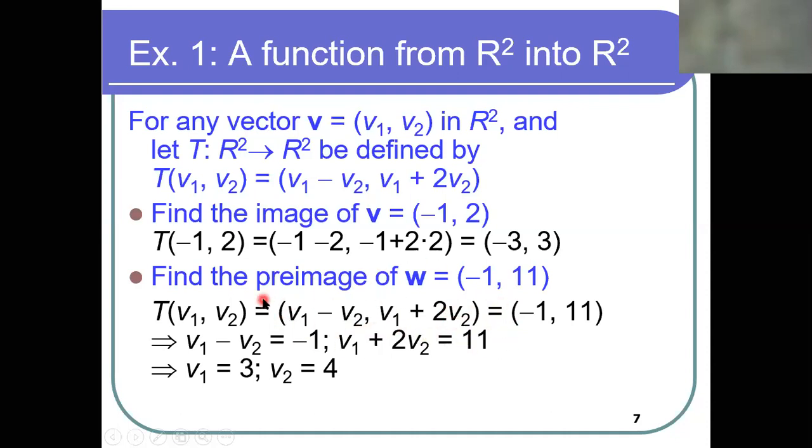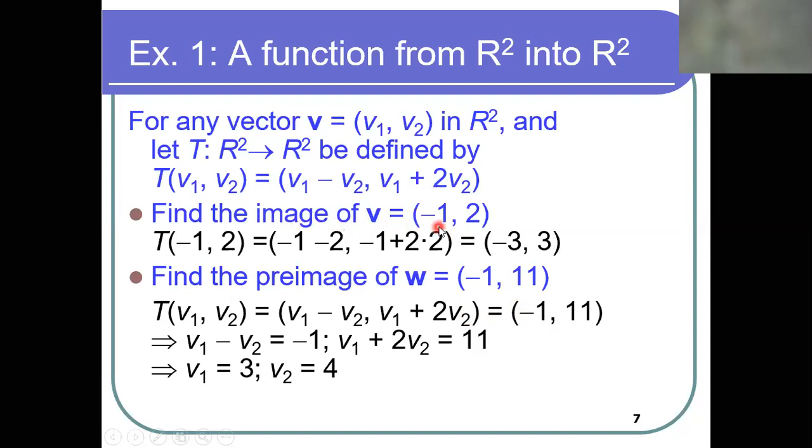I mean to say, under what condition, what will be the values of V1 and V2, the pre-image. It means the element in the domain that gives you these values. By definition T of V1, V2 is equivalent to this one, and this image is given over here.